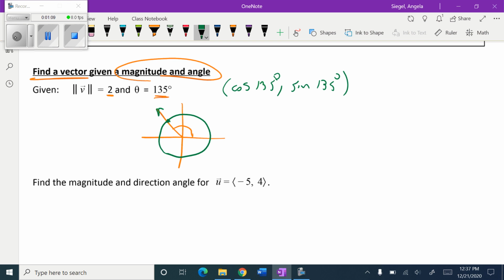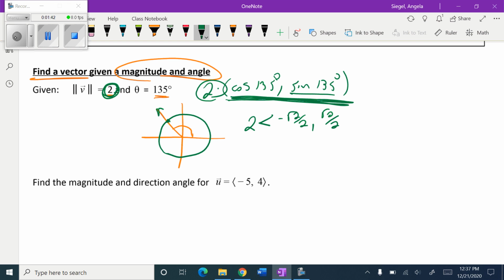Then I'm going to multiply this by my magnitude, and that gives me the unit part of the vector times my magnitude. Cosine of 135 on the unit circle is negative square root of 2 over 2, and sine is positive square root of 2 over 2.